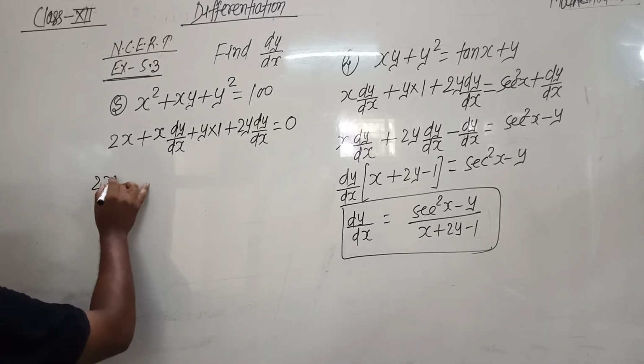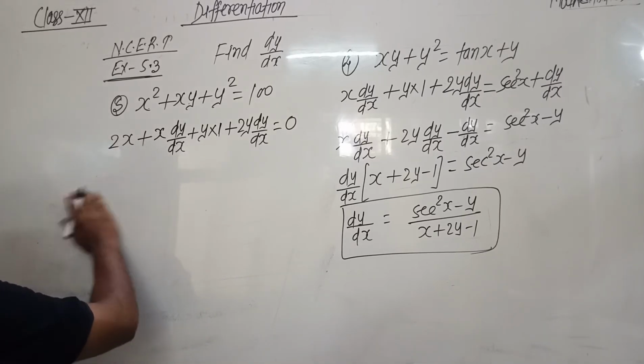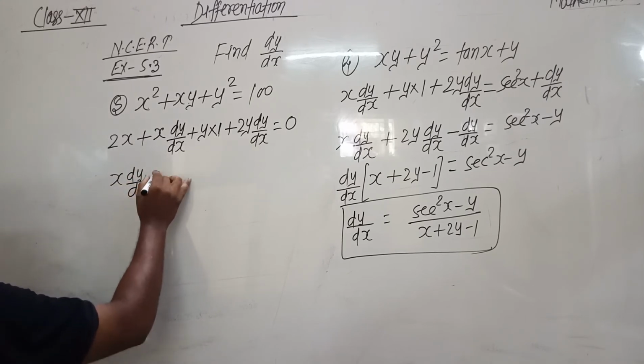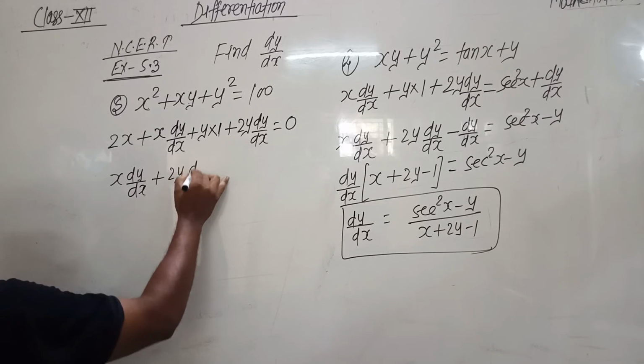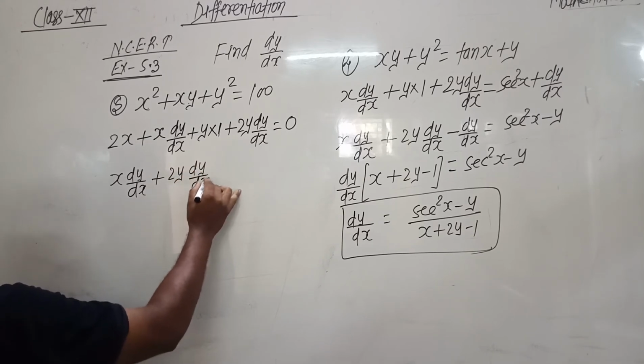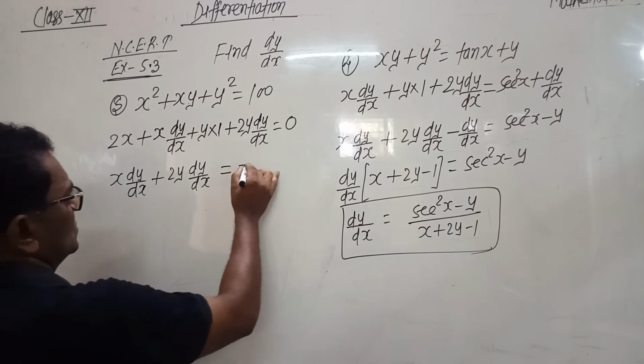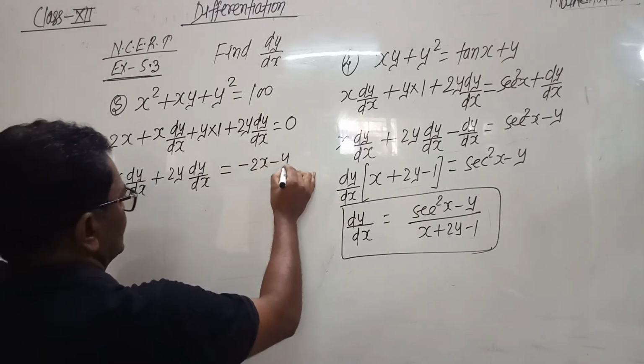Now 2x plus x dy by dx plus 2y dy by dx, and the rest of the terms will go on the right side, so minus 2x and minus 1.